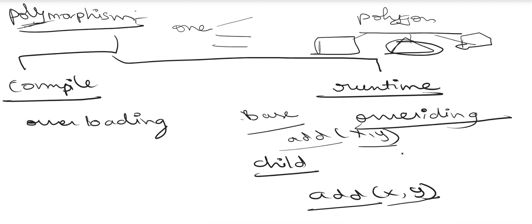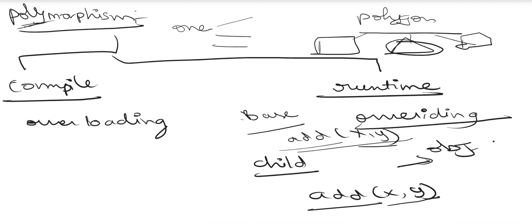If we create an object for the parent, it just derives the parent. But in inheritance we saw that if we create an object for the child class, it creates variables and methods for both the base class and the child class.